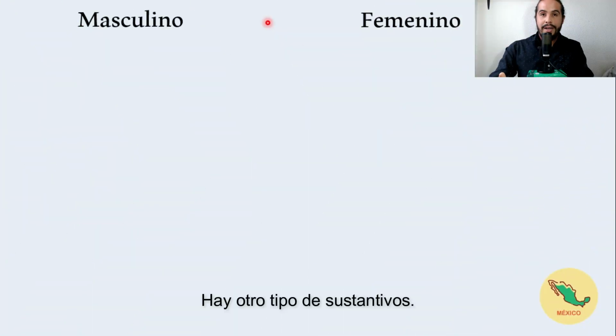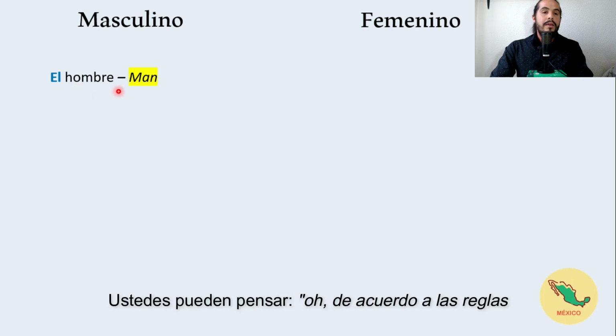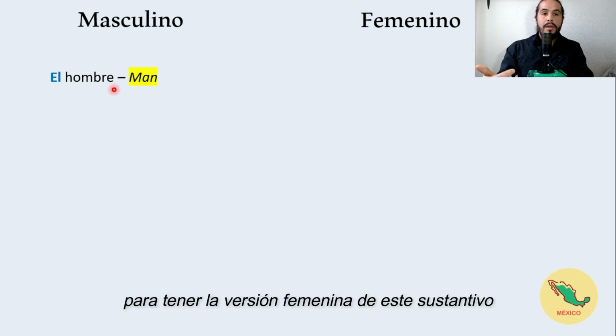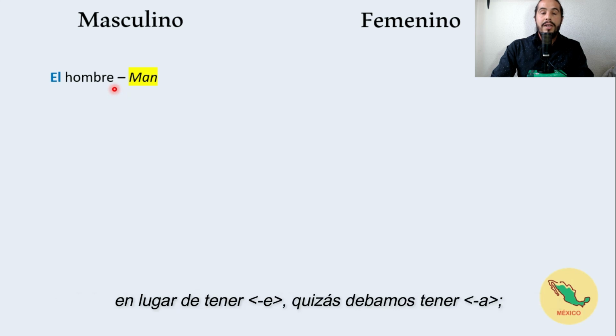There are other kinds of nouns. For example, el hombre. You may think, okay, so according to the rules that you have just learned, in order to have the feminine version of this noun, maybe you only need to change the last vowel. So instead of having e, maybe you should have a.